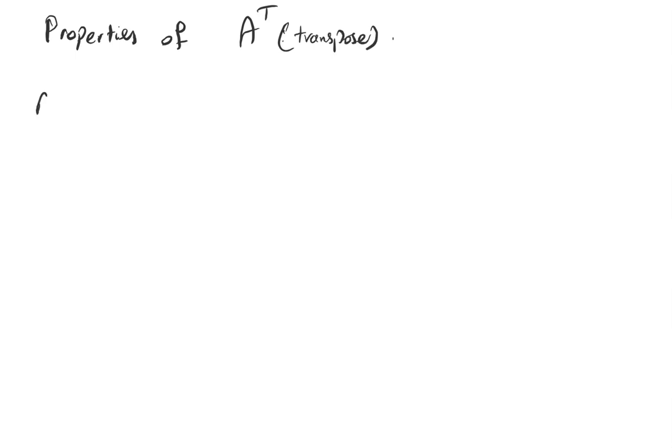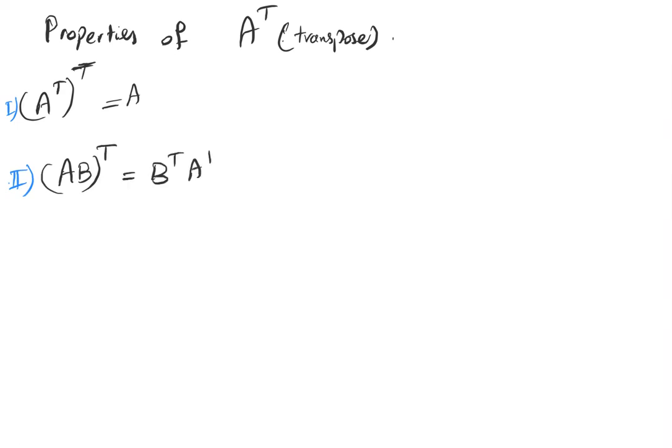The first property, A transpose transpose is equal to A. The second property, if you have matrices A and B multiplied and then transposed, it's equal to B transpose A transpose. And the third property, (A plus B) transpose is equal to A transpose plus B transpose.